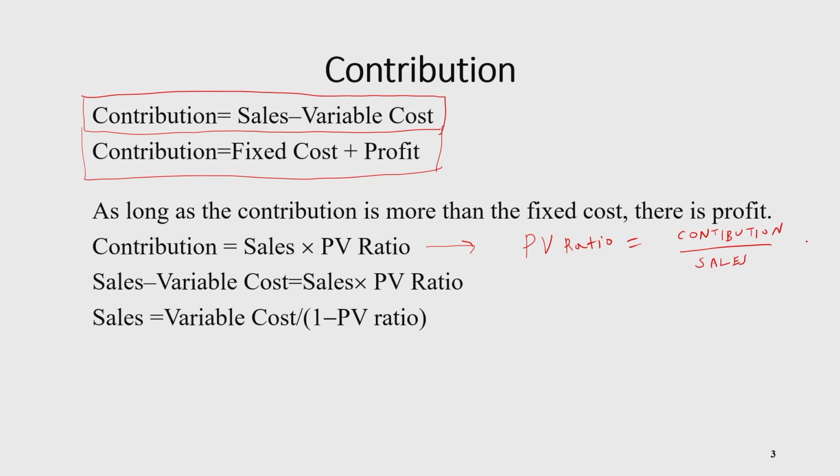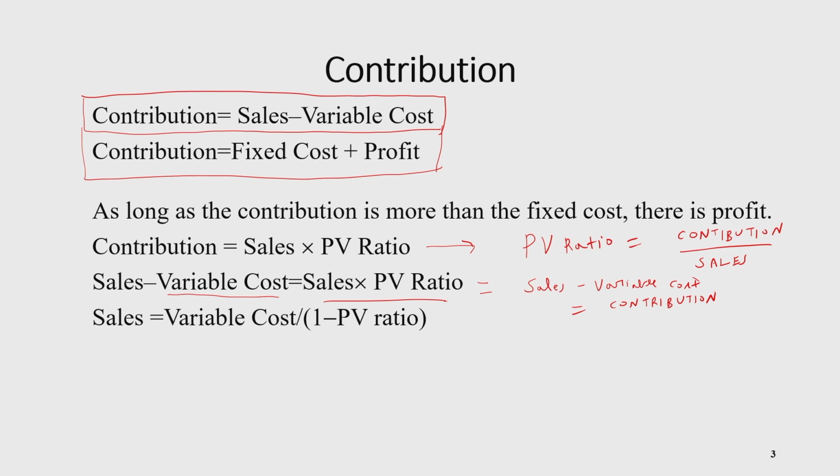Sales minus variable cost is basically contribution. Therefore, by that formula, it is sales into PV ratio.